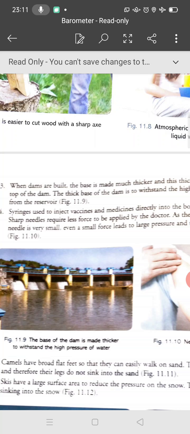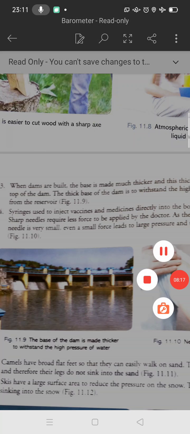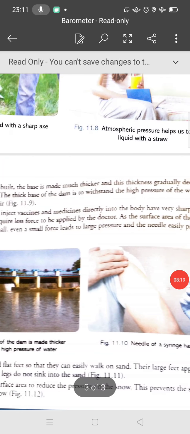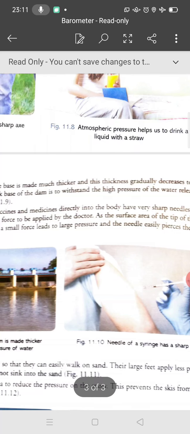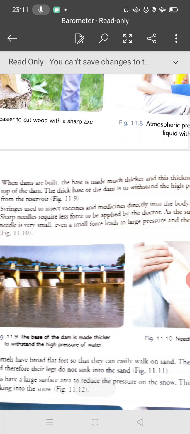Okay, now you can see there is a syringe also. When injecting a vaccine, you can see there is a small surface area, a sharp needle. In this situation also, if the surface area is small, what will happen? The pressure will be increased, and the doctor injects the medicine into your body easily.